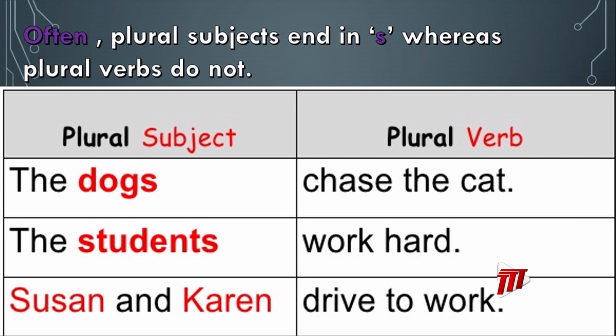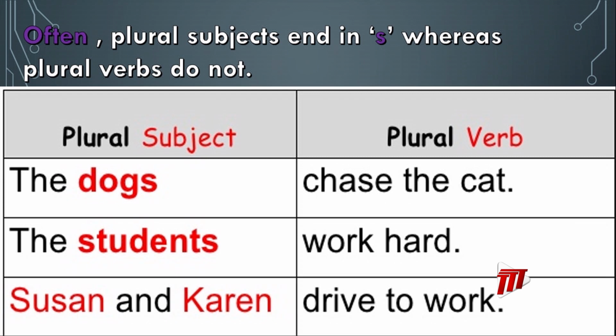Next one, we have the students work hard. So we have the students being the plural subject. There's more than one student. And then we have work hard. Work being the verb, and as you can see, just as before, no S because it's also plural. There's that opposite there. Plural subject, S, plural verb, no S.